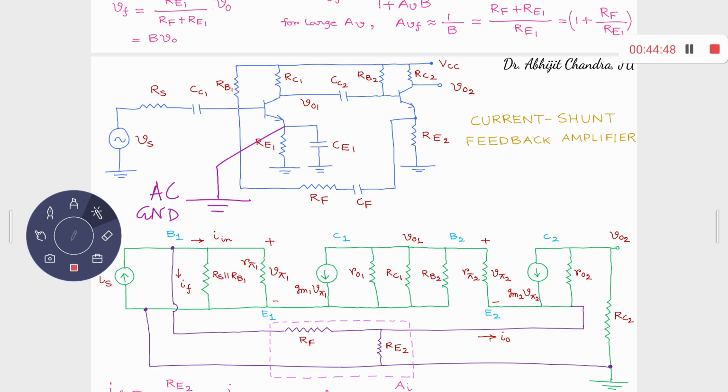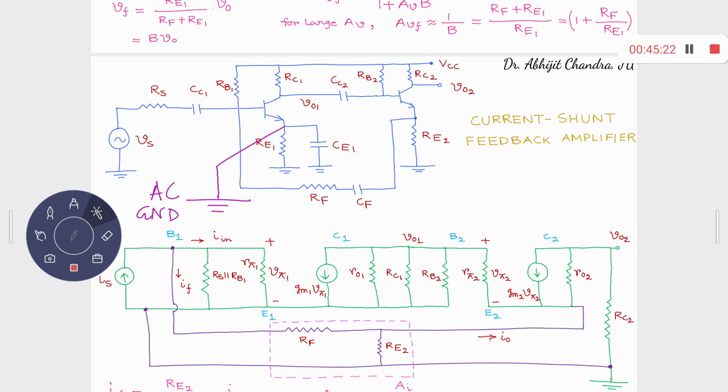By source transformation, if you have Vs in series with Rs, that is nothing but Is in parallel with Rs, where Is is equal to Vs upon Rs. So I can represent this Vs by means of a current source Is, and in parallel with Is, you have Rs.